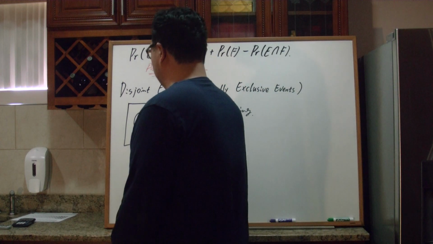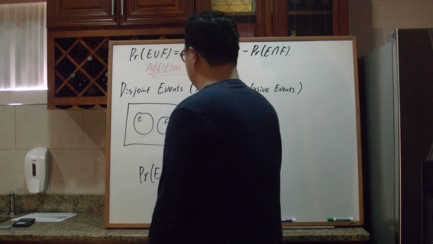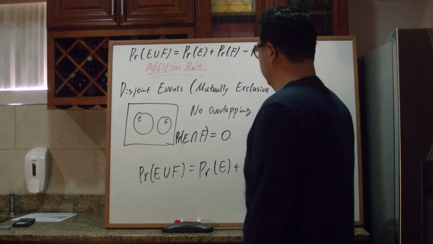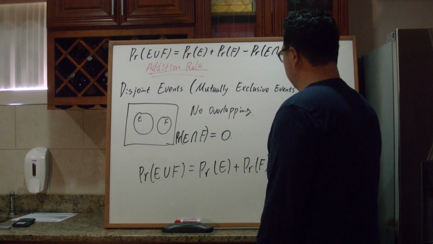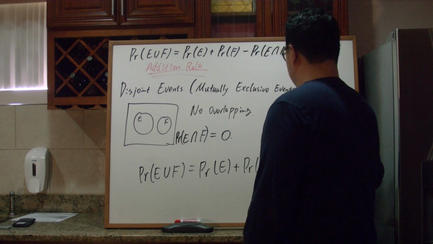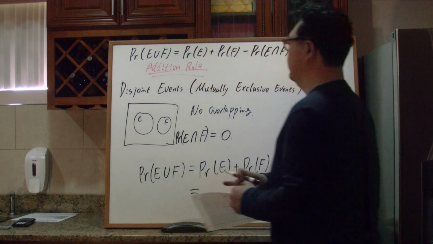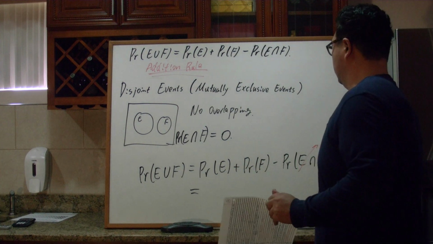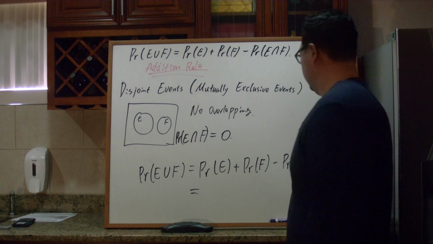Therefore, for disjoint events, if we apply the addition rule, the intersection part is equal to 0.